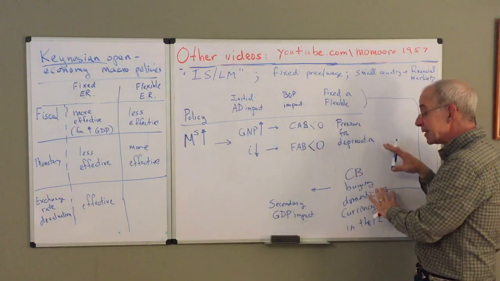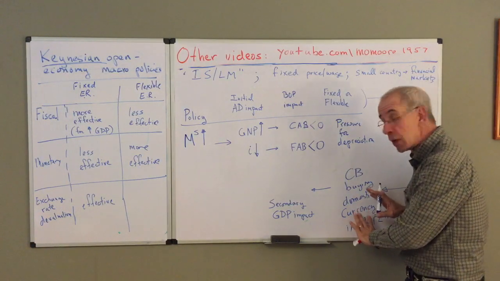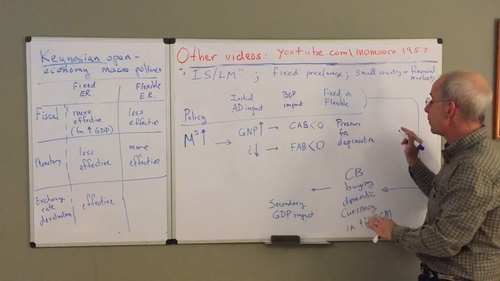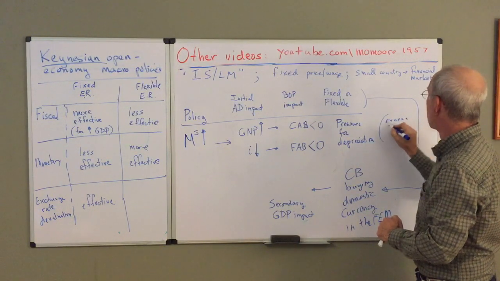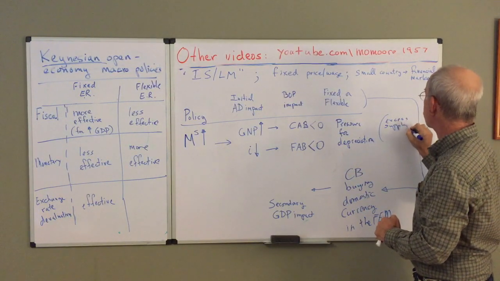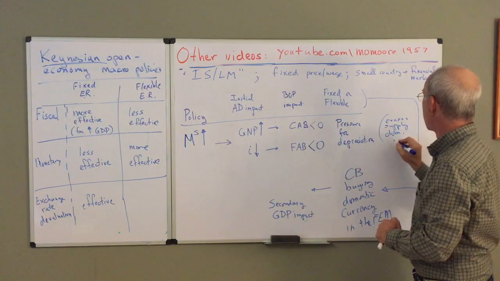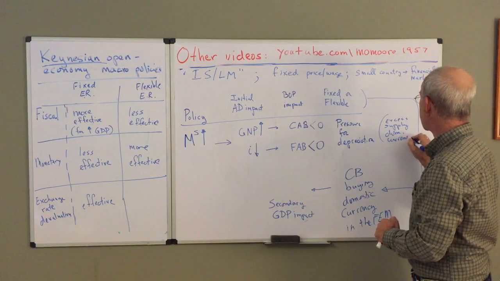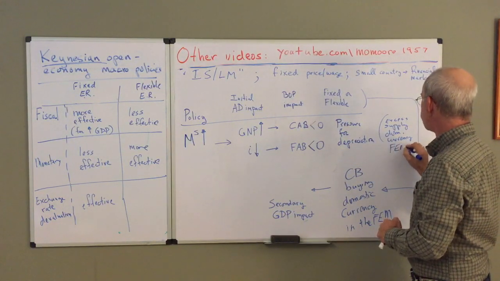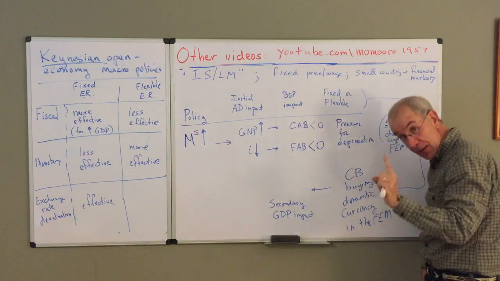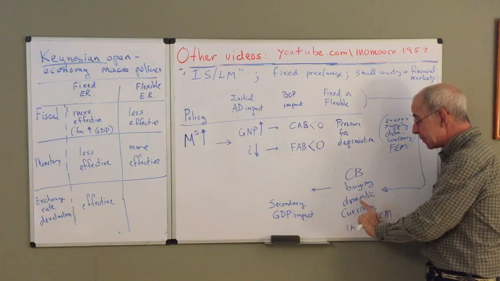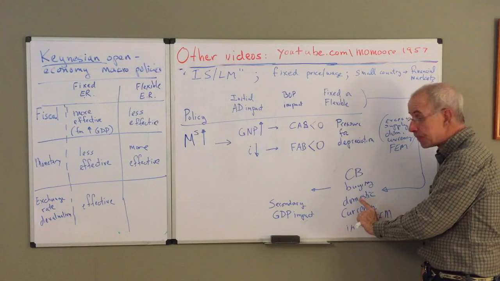What you're going to see is that in the afternoon, the pressure for depreciation, the excess supply of domestic currency in the foreign exchange market, has to be countered in order to keep the exchange rate pegged by buying the domestic currency in the afternoon.